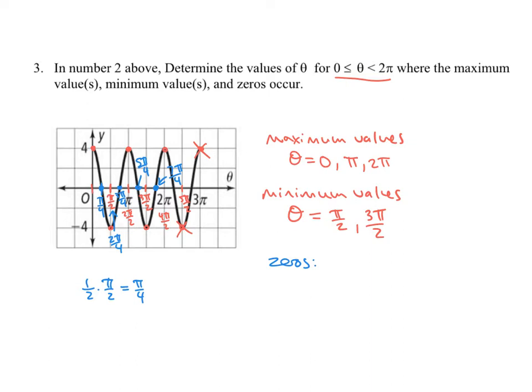So the zeros are at theta equals pi over 4, 3 pi over 4, 5 pi over 4, and 7 pi over 4. And that pattern would continue if we went beyond 2 pi, but we're only doing between 0 and 2 pi.